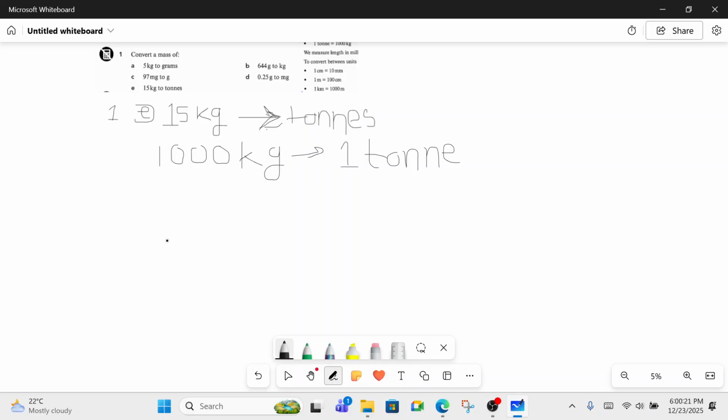So 15 here would be 15 divided by 1000, which would give us an answer of 0.015 tons.